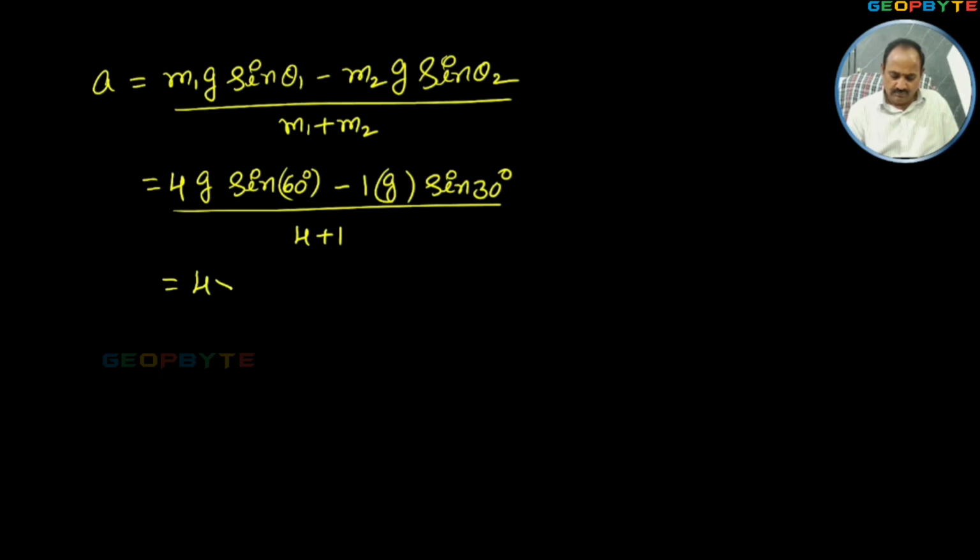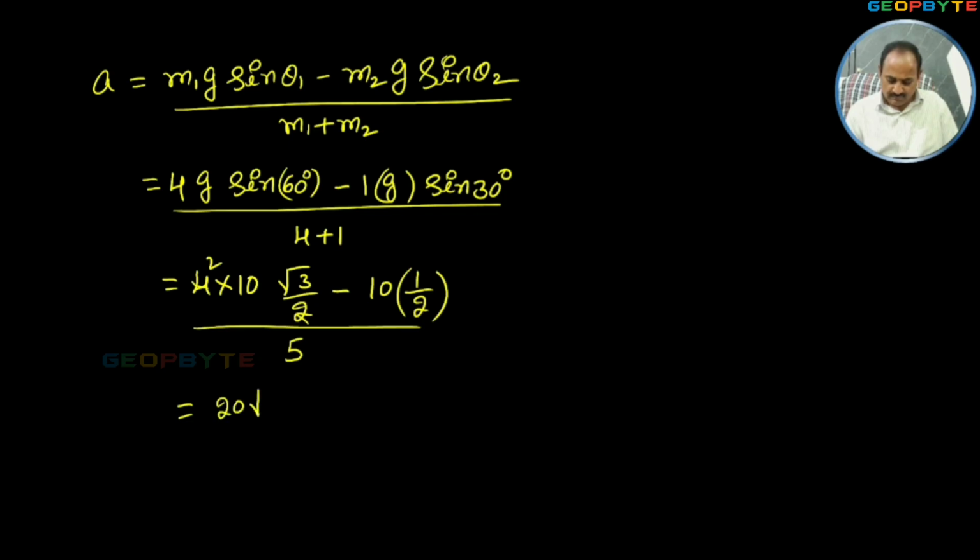So 4 into g value 10, sin 60 is root 3 by 2, minus 10 into 1 by 2, divided by 5. It is 20 root 3 minus 5 divided by 5, which is equal to 4 root 3 minus 1. That is the acceleration.